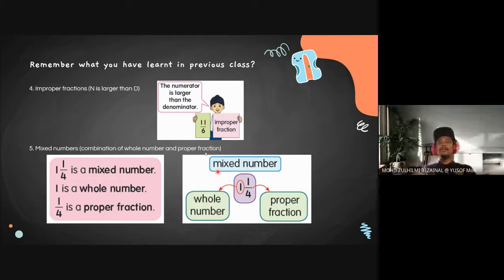Mixed number ni boleh jadi improper fraction. Yang tu cikgu dah ajar last week. Yang tu senang je. 1 1/4 maksudnya 1 tu 4/4 plus 1/4 jadi 5/4. Itu je. So itu untuk mixed number.